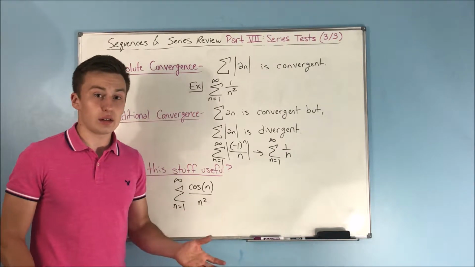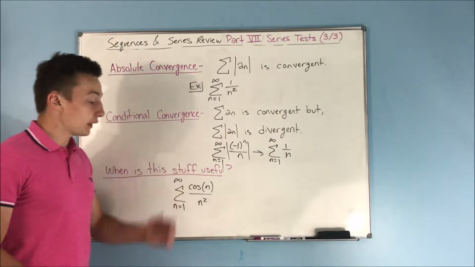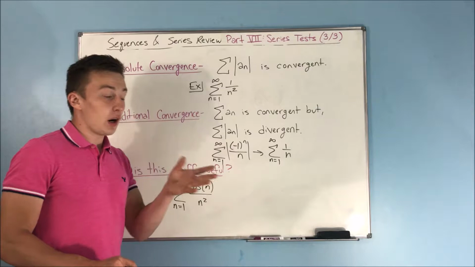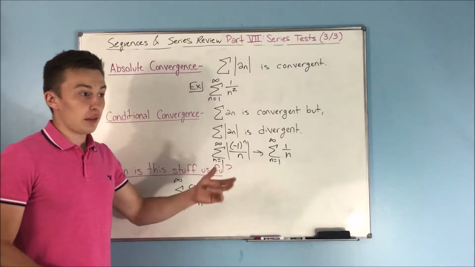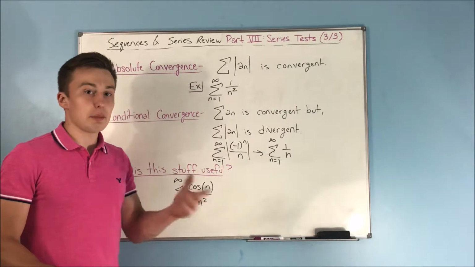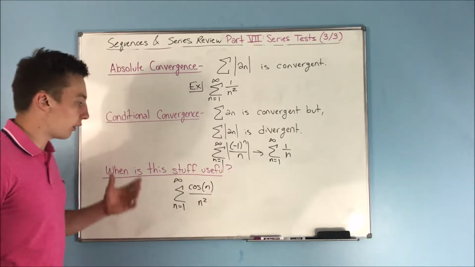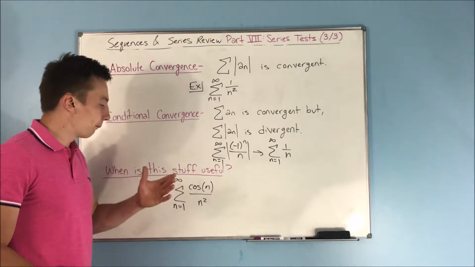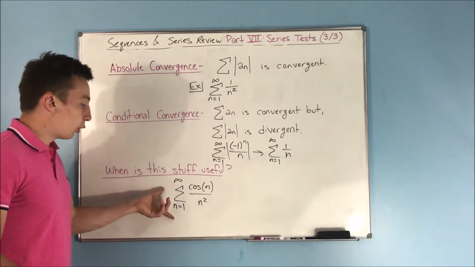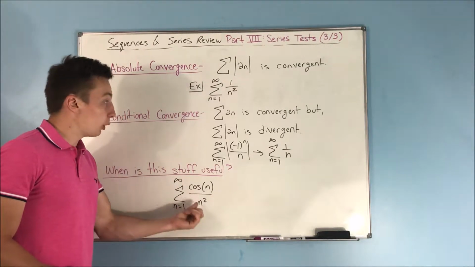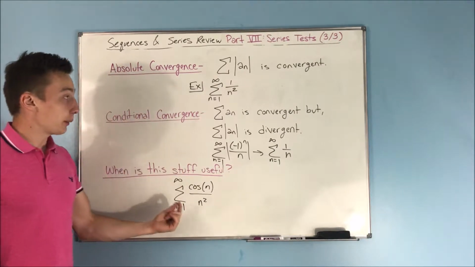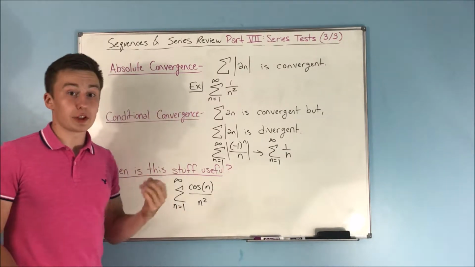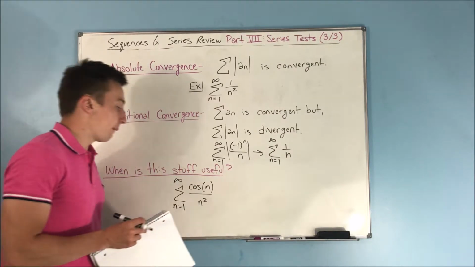What cosine of n is going to do is have maybe 2 positive, 3 negative, 3 positive, 2 negative, something like that. It's not going to be a nice pattern at all. It's not going to be alternating. So what we do to prove that this is convergent is first prove that it is absolutely convergent. And I did a great example of that in the explanation video for absolute and conditional convergence if you're interested.